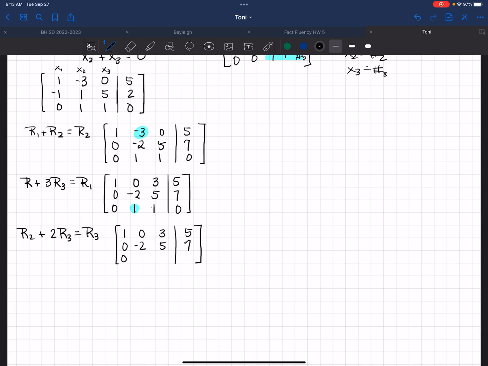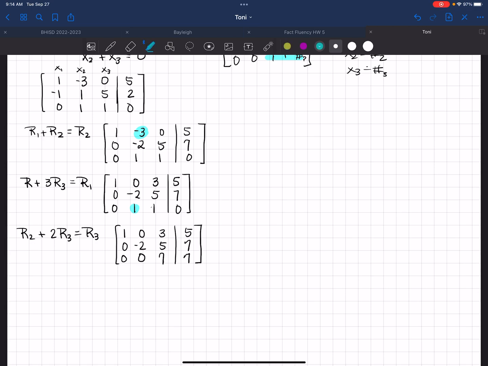Then I have negative 2, that's row 2, plus 2 times 1, which is row 3. That's going to give me 0. Then I have row 2, which is 5, plus 2 times row 3, which is 1, gives me 7. And then I have 7 plus 2 times row 3, which is 0. So 7 plus 0 is 7.